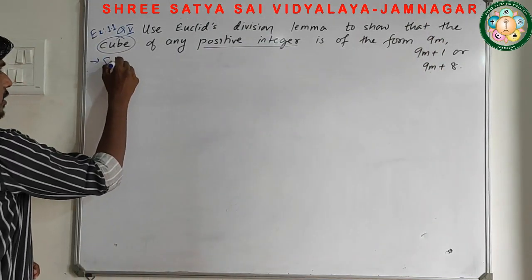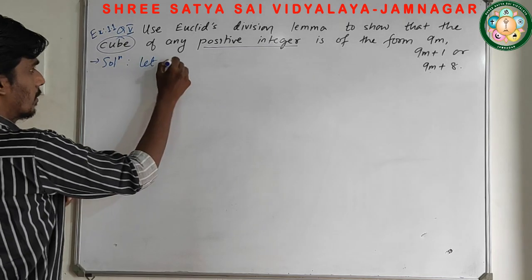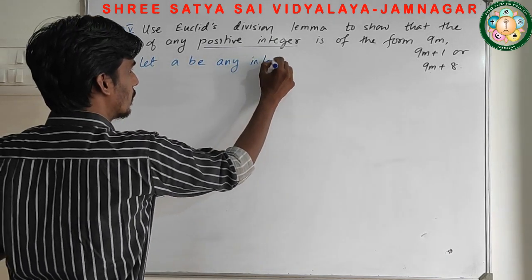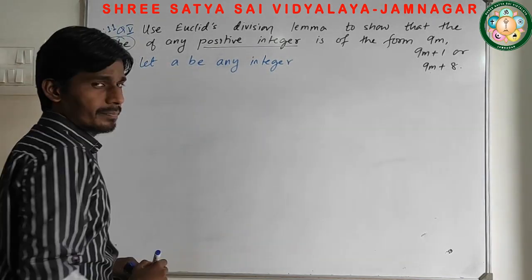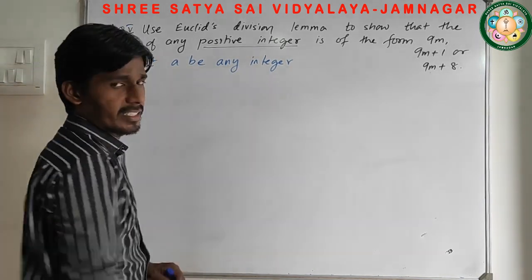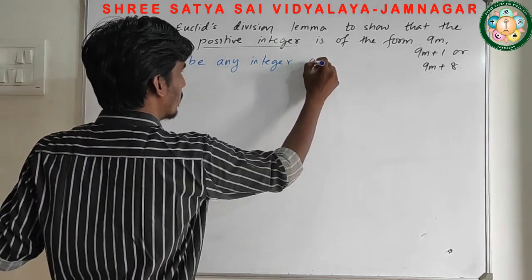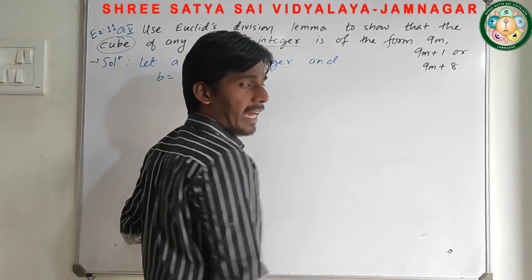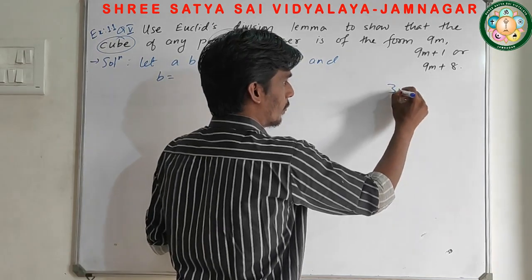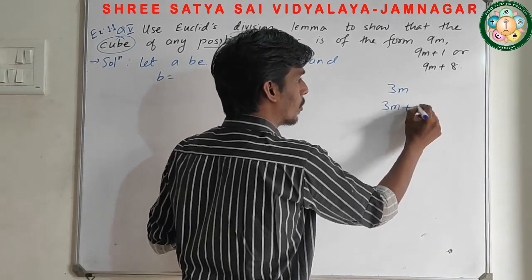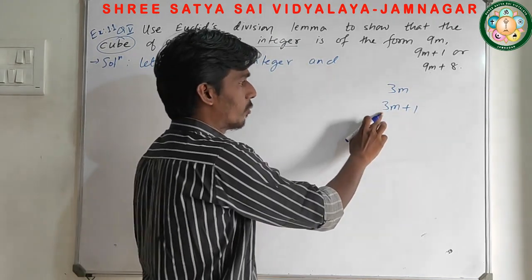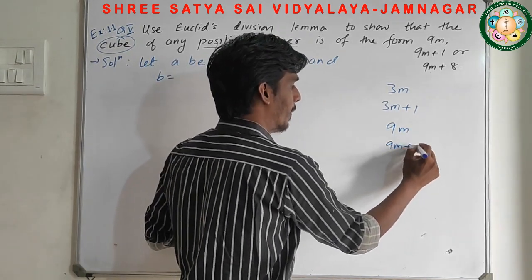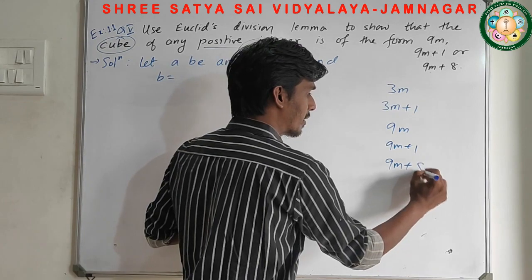Now let's start with the solution. Let A be any integer and B is equal to what? In the last sum, for 3m and 3m plus 1, we took B as 3. But here it is 9m, 9m plus 1, 9m plus 8.